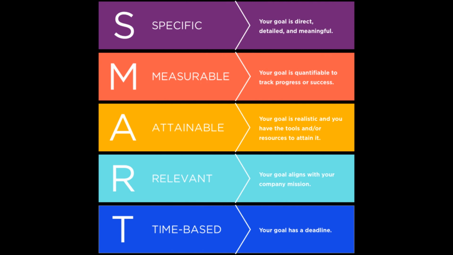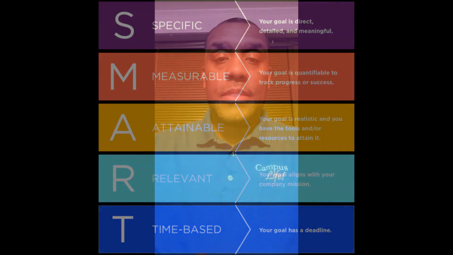I think if you look at the SMART goals and you're specific, you look at what's measurable, what's attainable, the relevance of it, and the time-based frame of it, I think that you will find that the SMART goals outline will really help you and guide you with that.